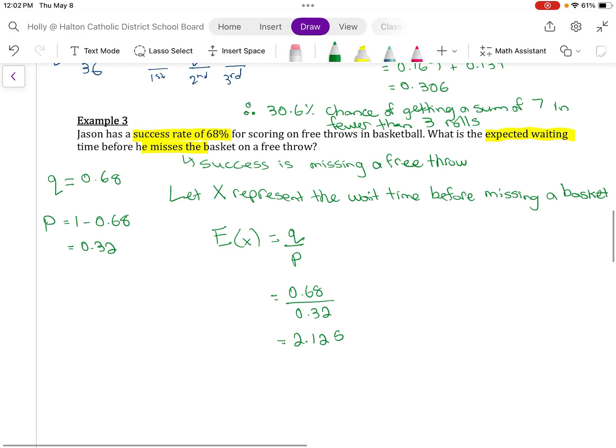And that gives us 2.125. So basically, we would say we can't have a 2.125. It's discrete. We expect him to miss his first shot on the third basket. So we'd expect Jason to miss his first shot after 2 baskets.